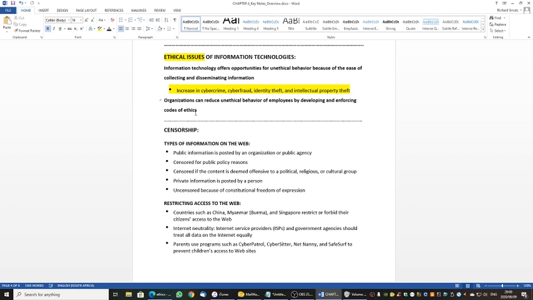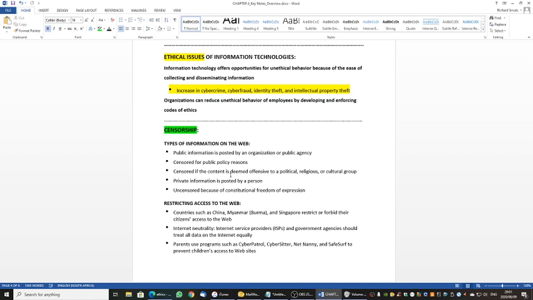The first one that we can mention is censorship. And censorship, for example, could be YouTube taking down videos that are offensive. Public information is posted by an organization, a public agency, they are censored for public policy reasons.